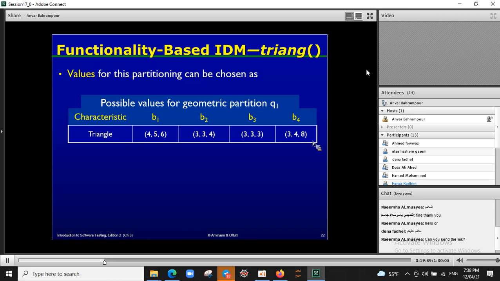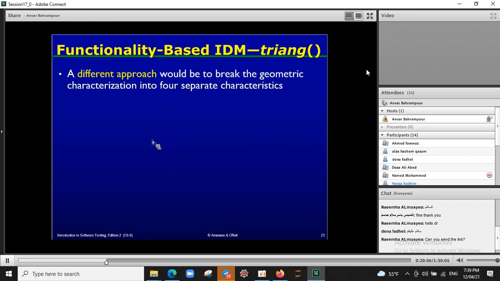You know that for each triangle, the sum of 2 sides should be greater than the third side, but it's not true for this combination. So this combination is an invalid triangle, and we could simply test our program by these 4 test cases.